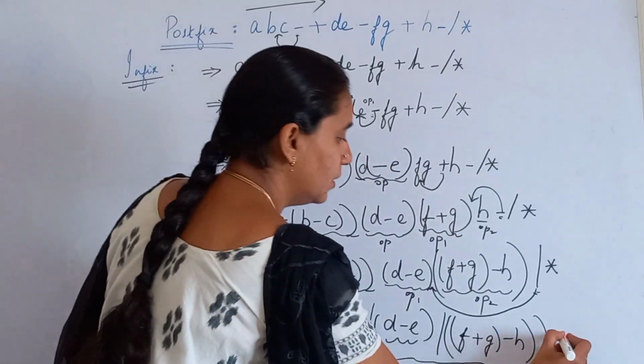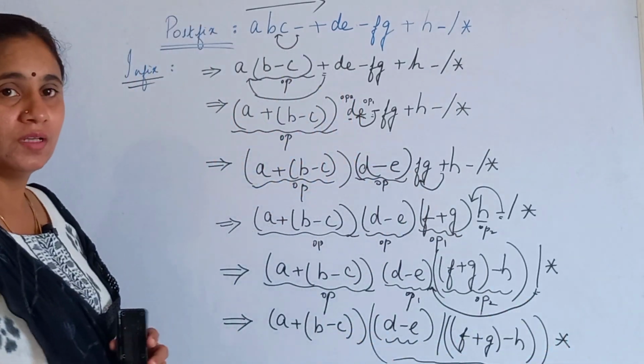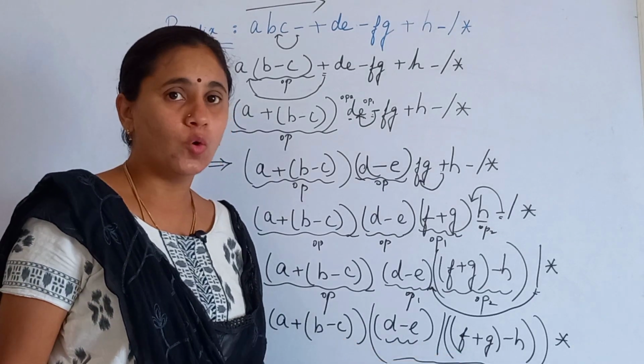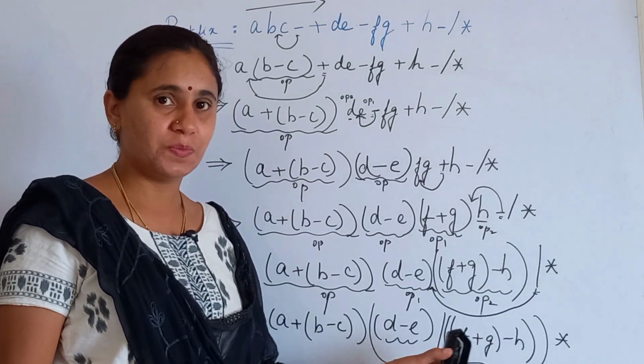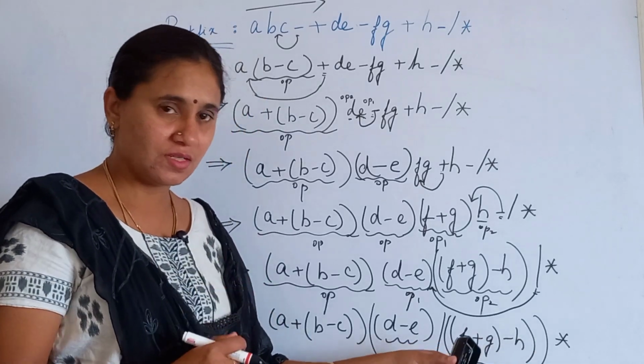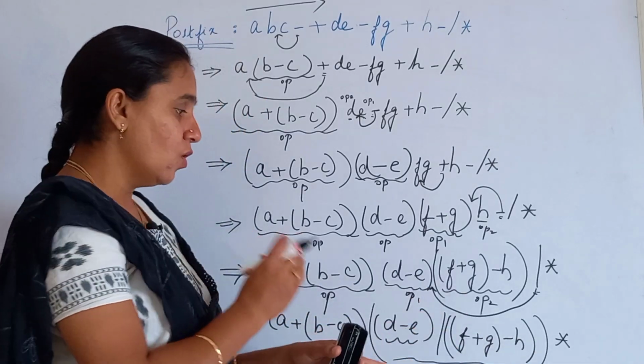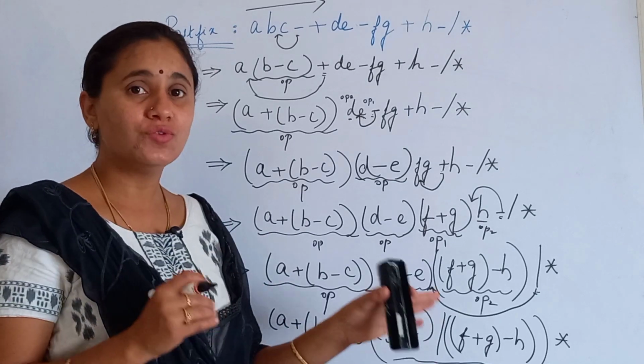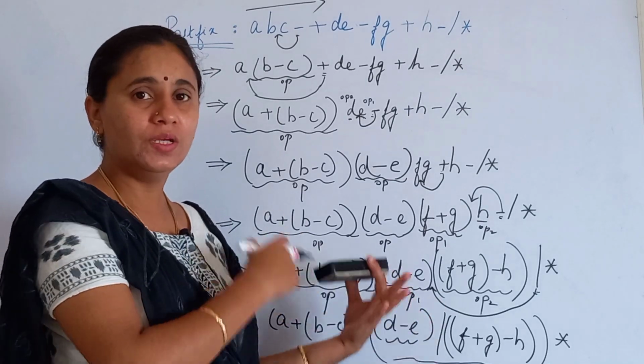Okay friends, the remaining one is asterisk. Friends, are you all clear how to insert the operator in the respective position? Keenly watch each and every step, correctly note down where you should insert the operator and then insert it.